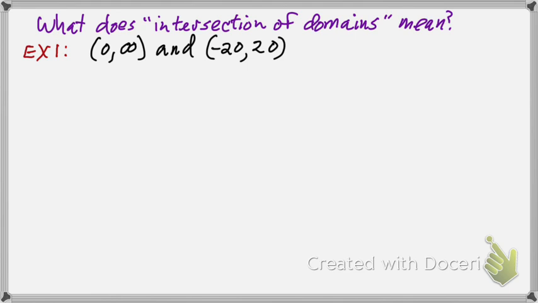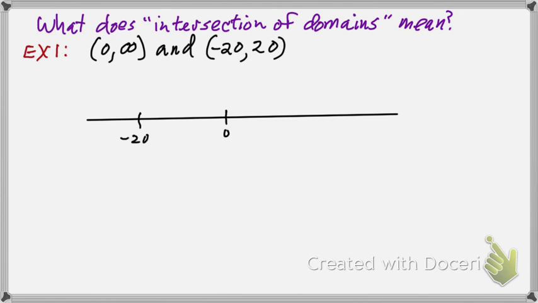I'll let you jot this down. So here's how we figure out what the intersection is. I would suggest doing a little number line. And then look at the numbers involved in the problem here. So I'm seeing a 0. I'm seeing a negative 20.